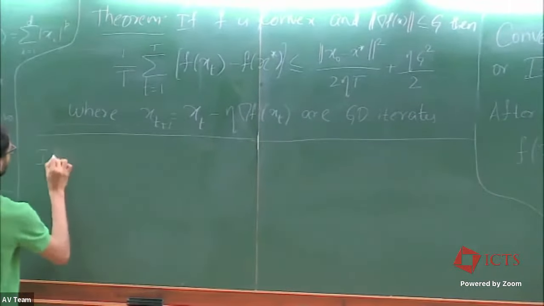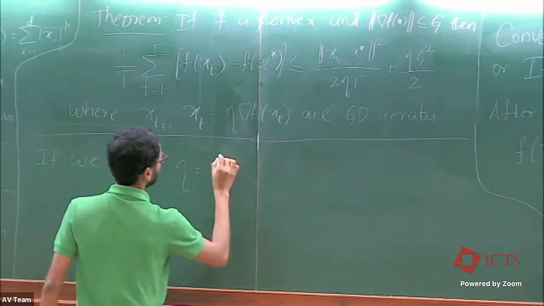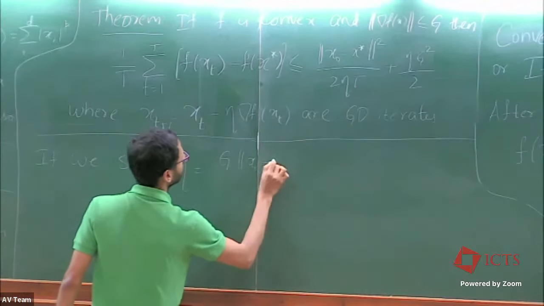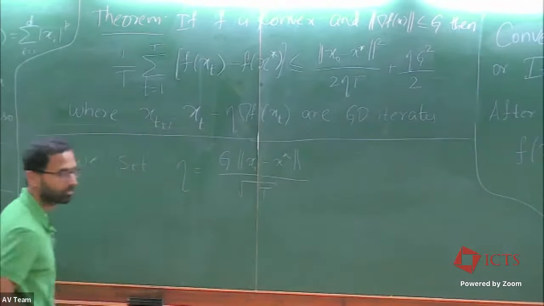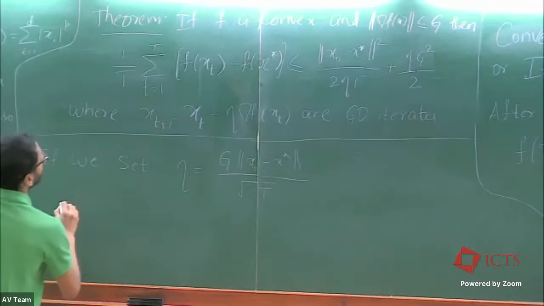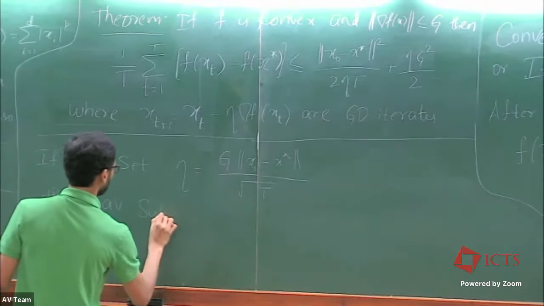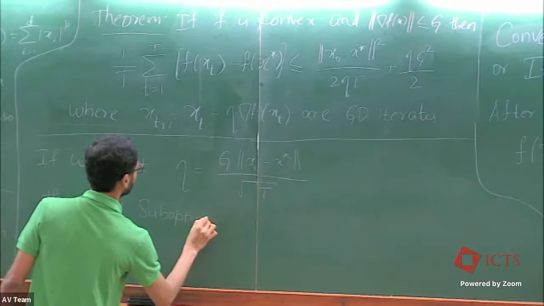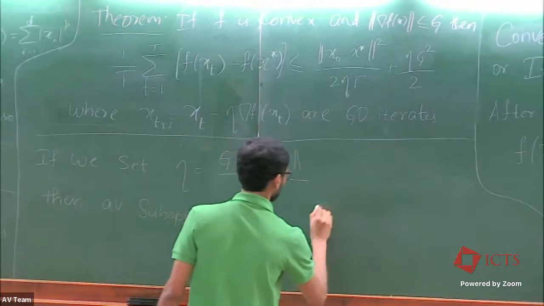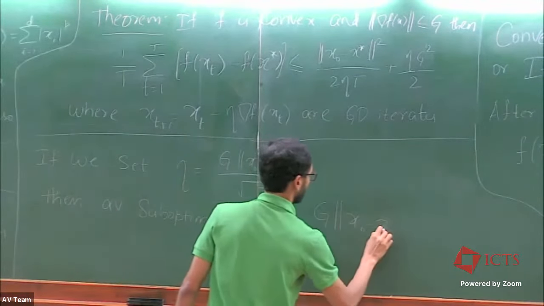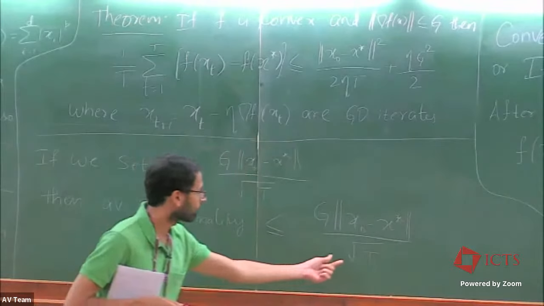If we set eta to be g times norm of x0 minus x star divided by square root of t, then what we get is that the average suboptimality is less than or equal to g norm of x0 minus x star divided by square root of t, where t is the number of iterations.